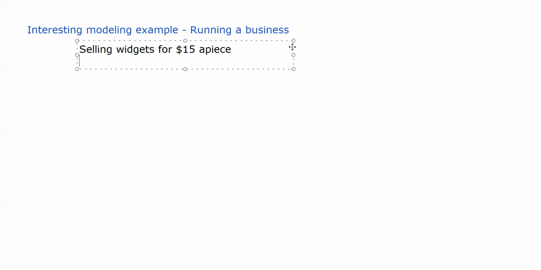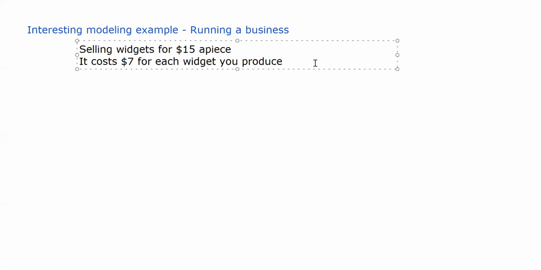Anywho, let's say you're selling widgets for $15 a piece. Now, here's the thing. You have different types of costs. It costs $7 for each widget you produce. And even that, just a flat $7, is not as simple as you think.